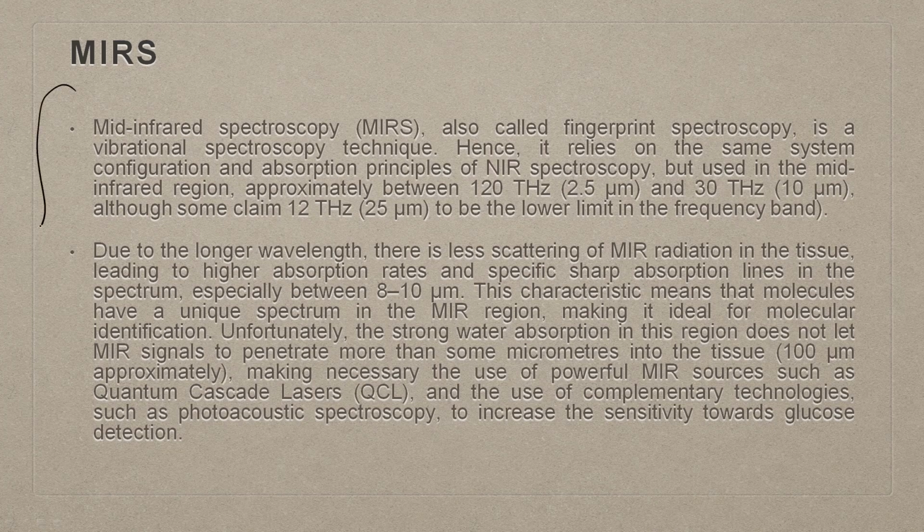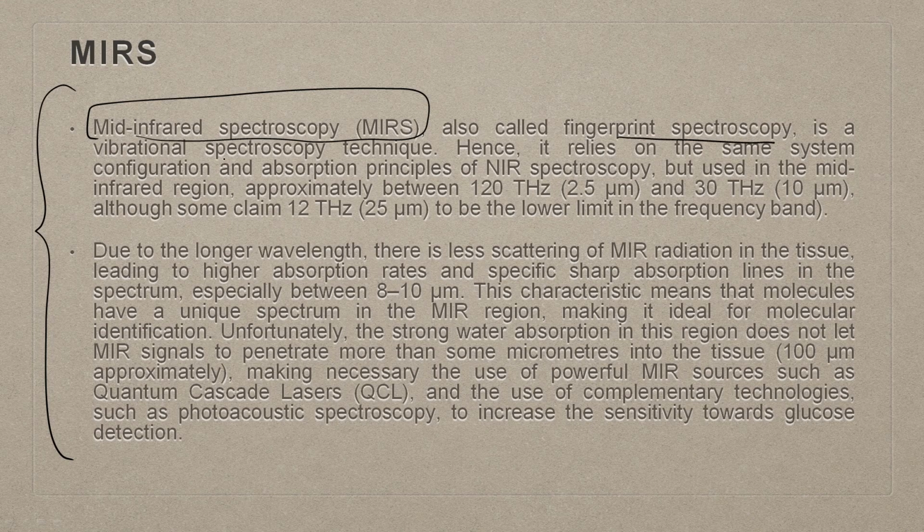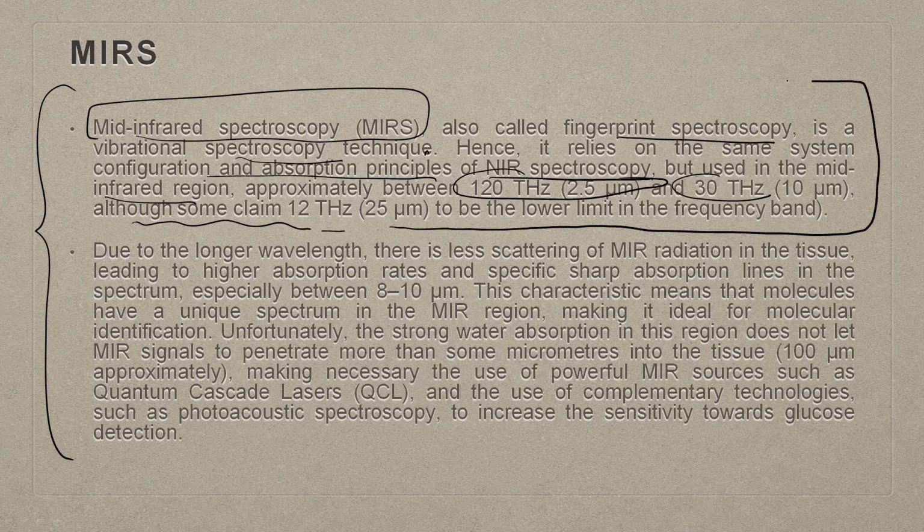Now, we talked about NIRS, near infrared spectroscopy. Now, we talk about mid infrared spectroscopy, also called fingerprint spectroscopy, a vibrational spectroscopy technique. Hence, it relies on the same system configuration and absorption principle as NIR spectroscopy, but uses the middle of the infrared region, approximately between 120 terahertz to 30 terahertz, although some claim 12 terahertz to be the lower limit of the frequency band.